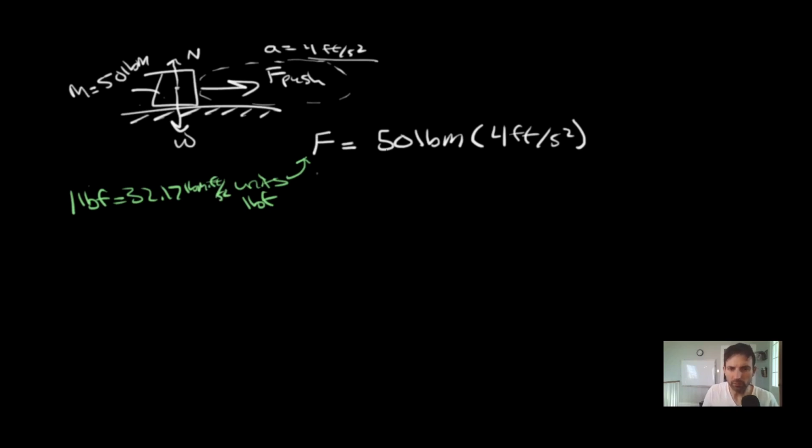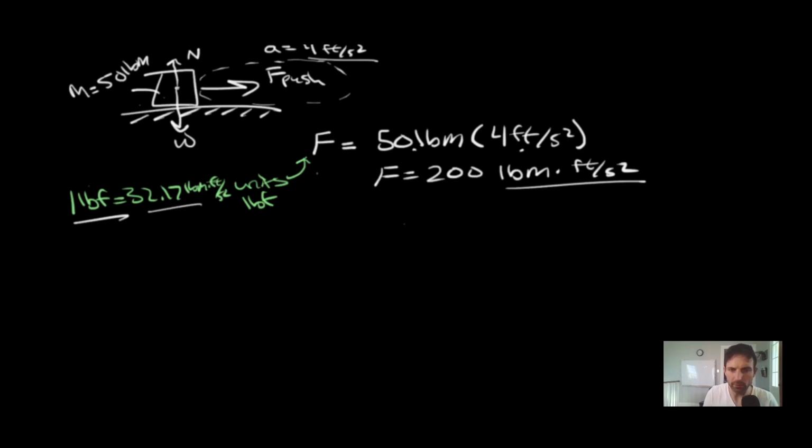So just like before, we multiply our mass times our acceleration. So 50 times 4 is 200. So our force equals 200 pound mass times feet per second squared. But I don't want it in pound mass times feet per second squared. I want it in pound force. So I have to divide it now by 32.17.